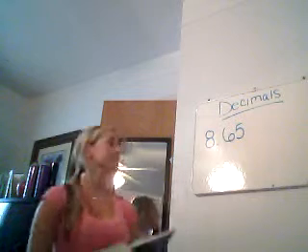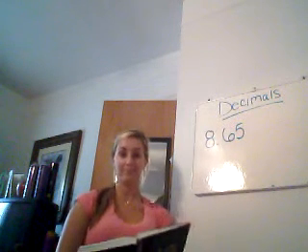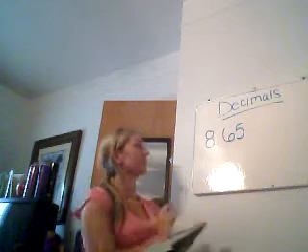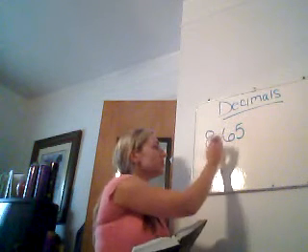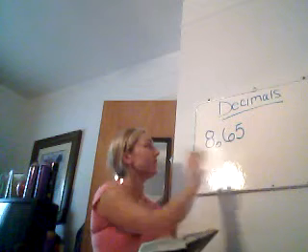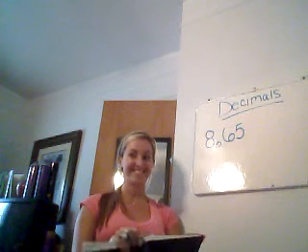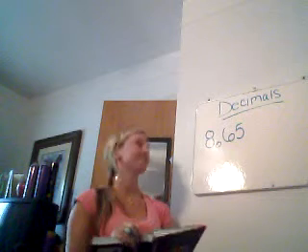Alright, in this number, where is our decimal point? Between the 8 and the 6. Good. I'm going to circle it just so you can all see again. And how would we write, or how do we say this number? 8 and 65. Good.